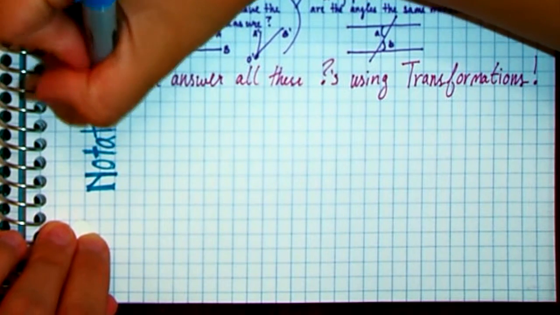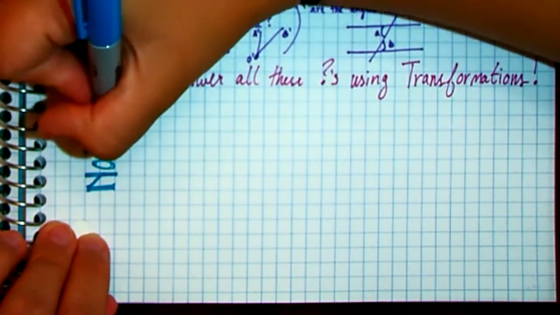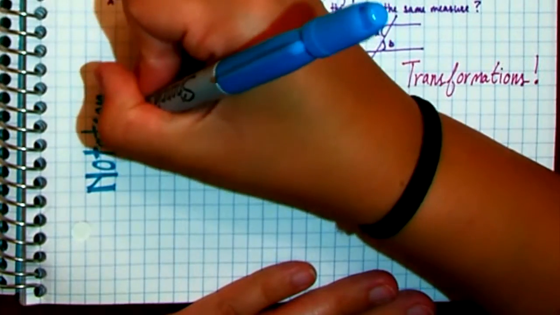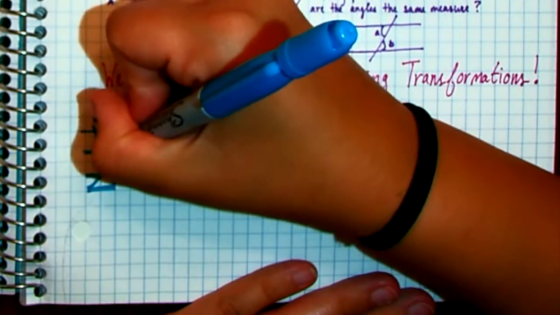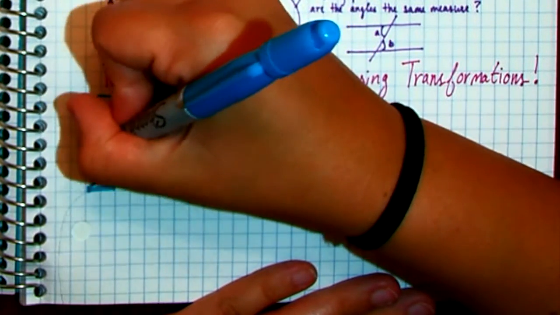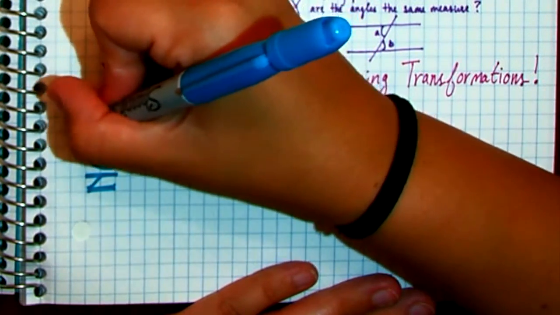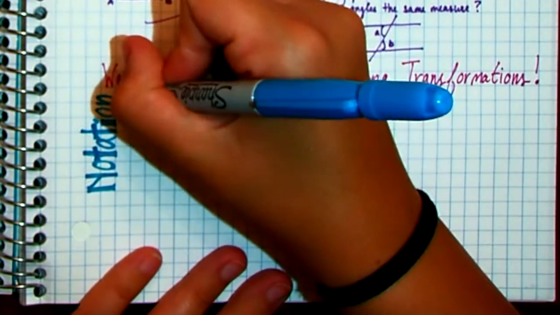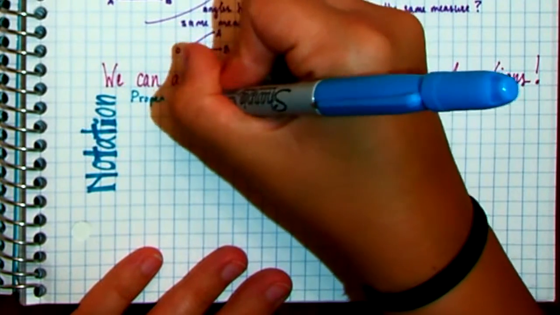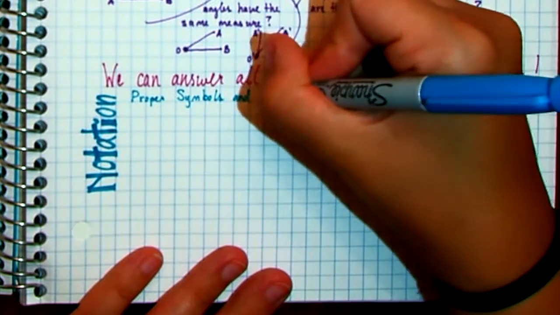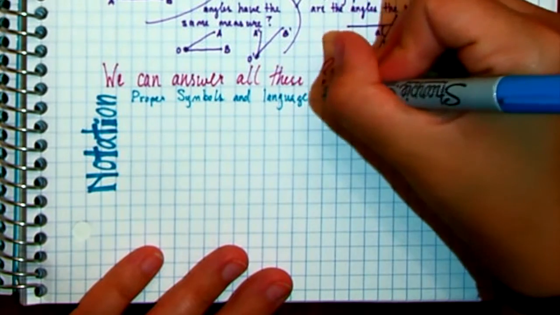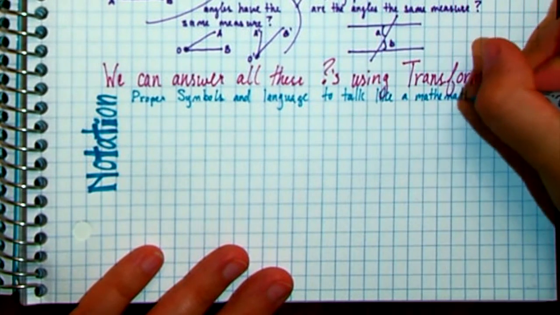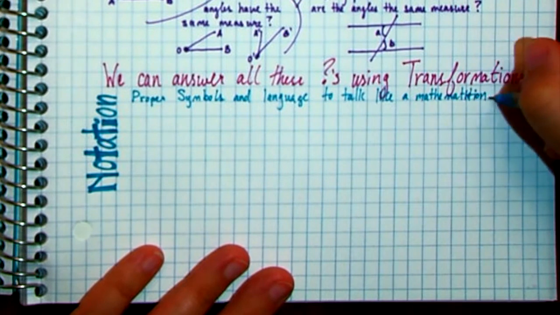Some of us have studied exponents where you have a big number and then a little number up to the top right-hand corner. Notation is extremely important in math because it prevents us from having to write full sentences to describe what we're calculating. It's almost like a language of its own. So again, mathematical notation is the proper symbols and language to talk about or to talk like a mathematician.